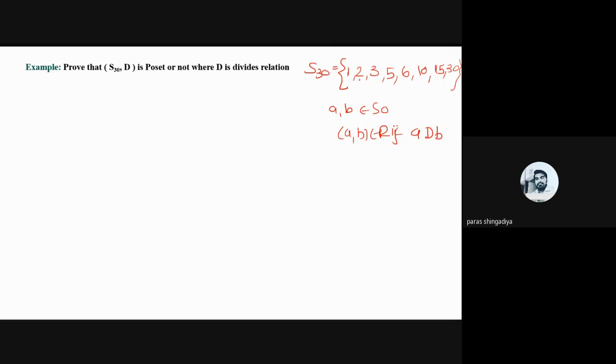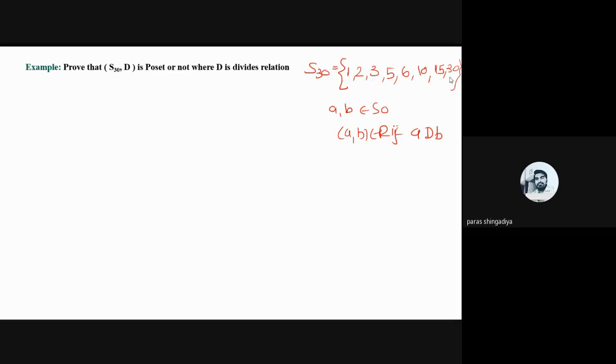Then 2 divides 6, 2 divides 10, 2 divides 15, 2 divides 30, but you cannot include 2 divides 5 or 2 divides 3. Why? Because 5 को आप 2 से डिवाइड नहीं कर सकते, 3 को भी 2 से डिवाइड नहीं कर सकते. For 3, you can write 3 divides 6, 3 divides 15, 3 divides 30, but you cannot write 3 divides 10. Clear? That type of pair you can include in the relation.